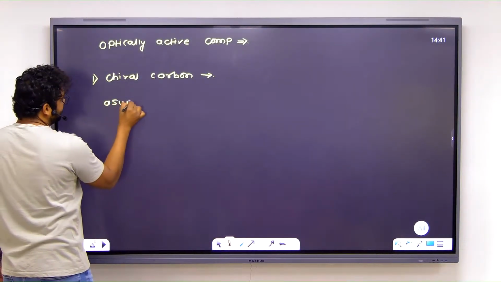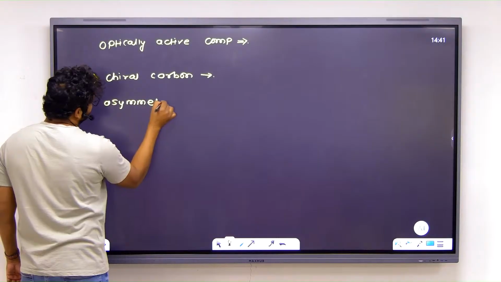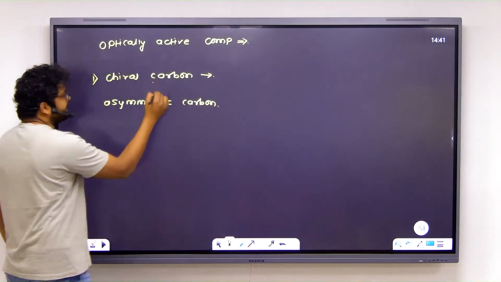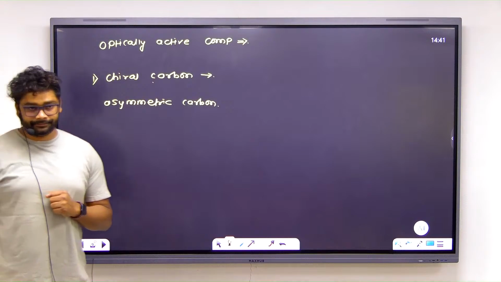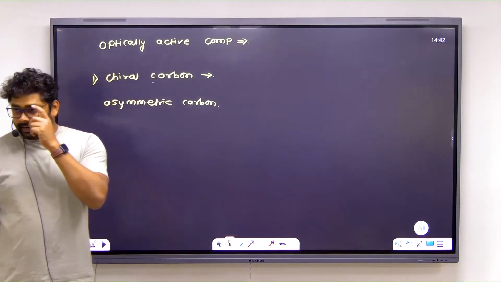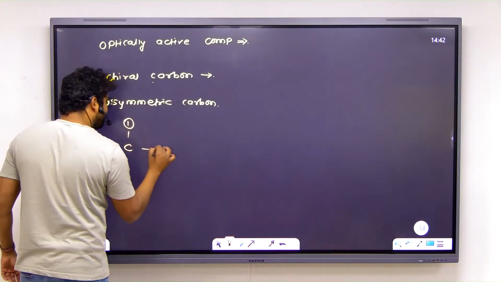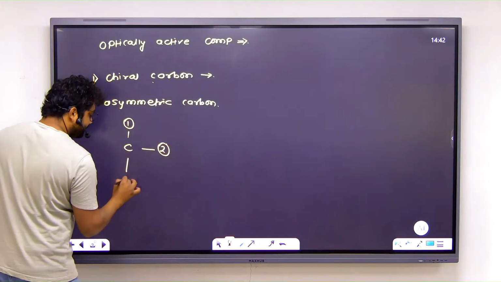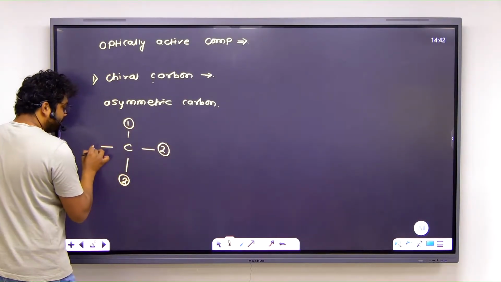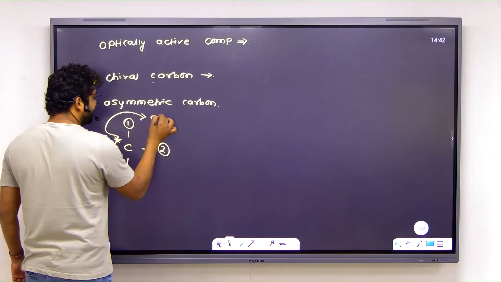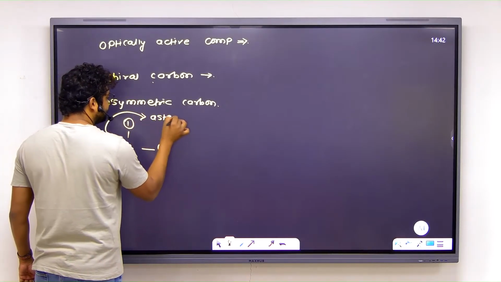They must have a carbon called an asymmetrical carbon or chiral carbon. Right? This is a carbon with 4 different groups attached to it, which is denoted by an asterisk.